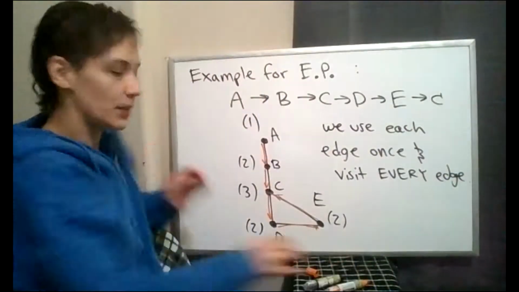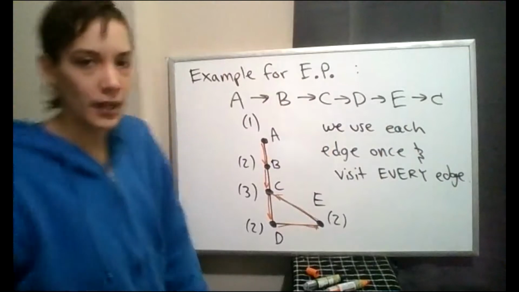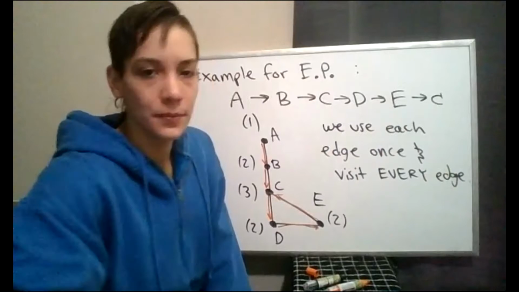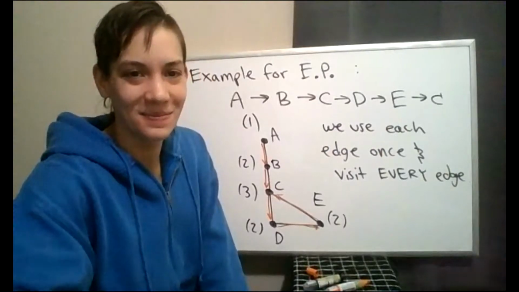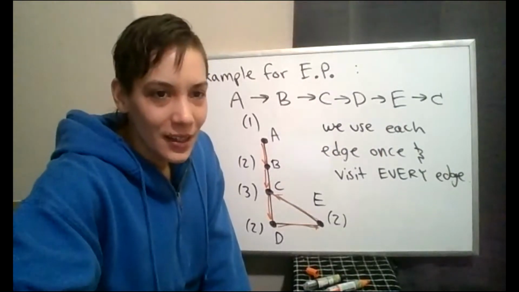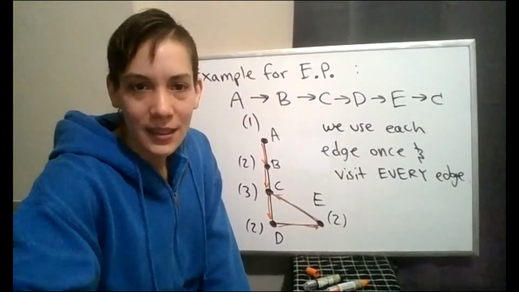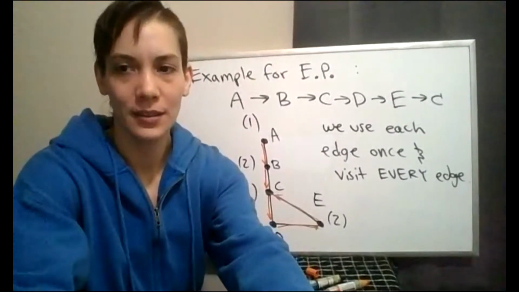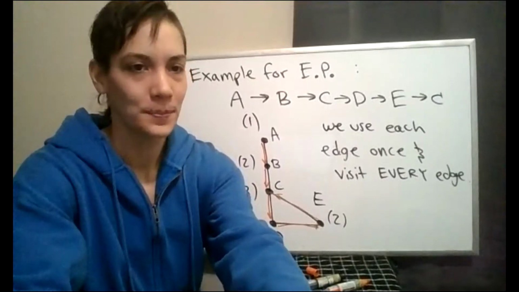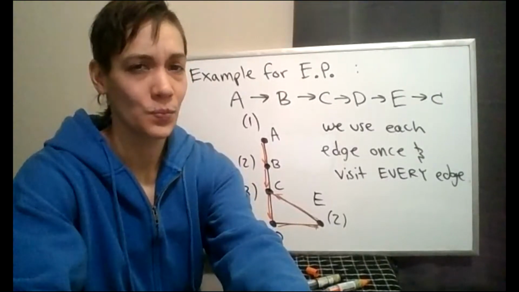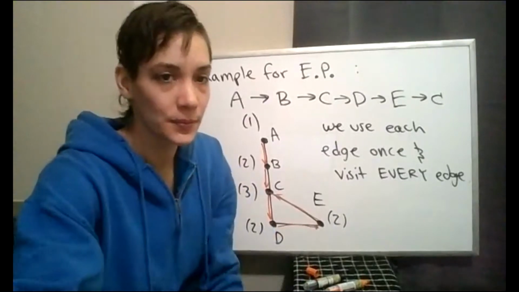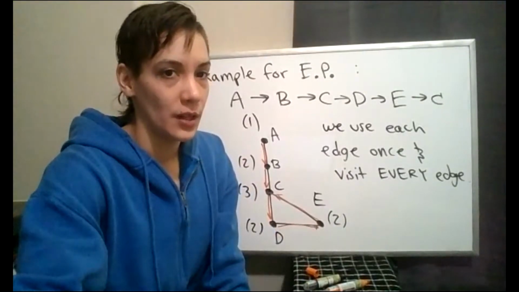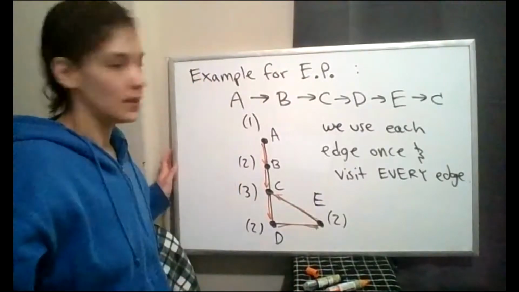Okay, now I'm going to pick one where we found an Euler circuit. Cool, this one looks kind of easy to draw. Let's draw this kind of square graph.